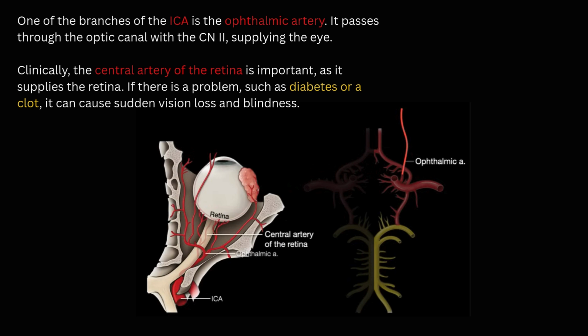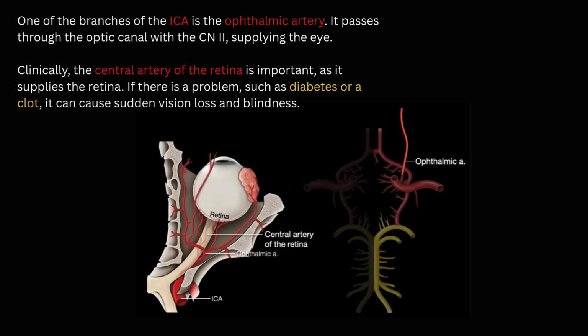Now, one of the branches of the internal carotid artery is the ophthalmic artery. It passes through the optic canal with cranial nerve number two, which is for visual processing, right? So cranial nerve number two is the optic nerve. It's purely a sensory nerve. Now, one clinically important artery is the central artery of the retina, which supplies the retina of the eye.